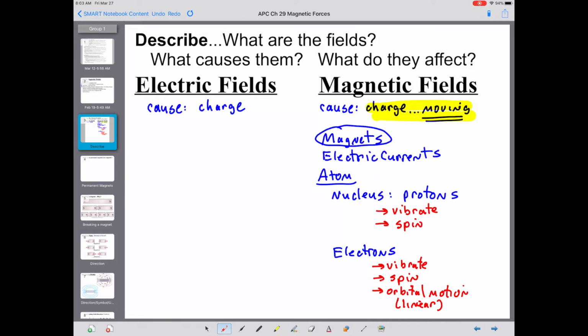So a lot of times in substances, what you have is motions that are balanced, and you have no net magnetic field of the atom. Some of these motions you don't have in atoms also, like vibrational motions and spinning motions. Those are characteristics of specific atoms, specific elements, and not all those have those motions.